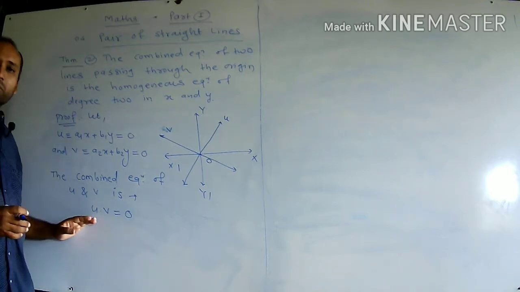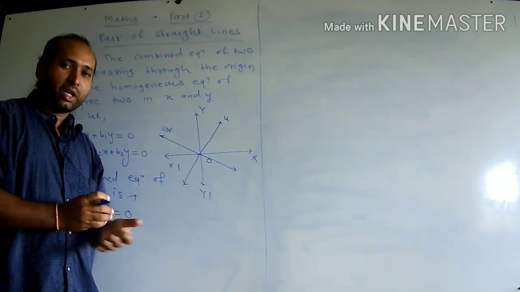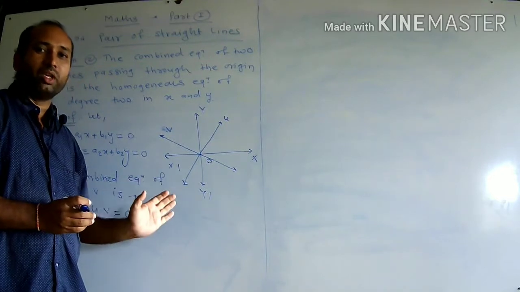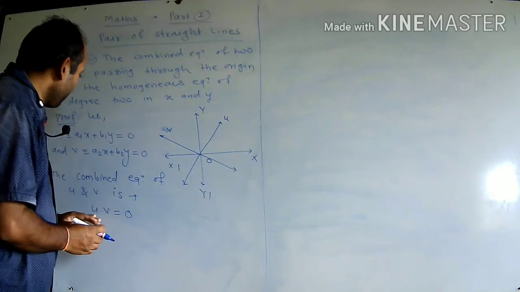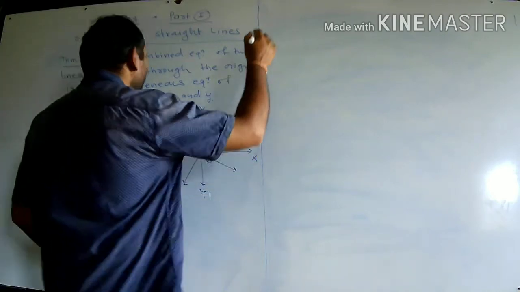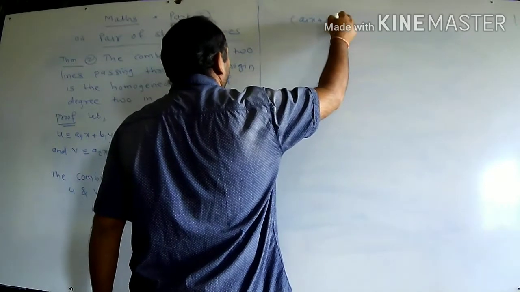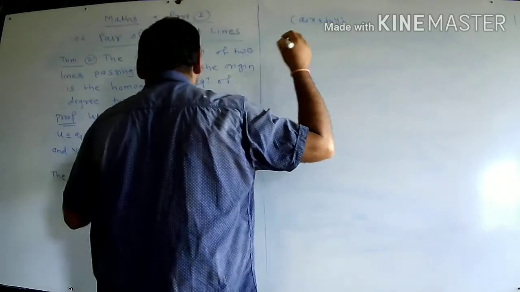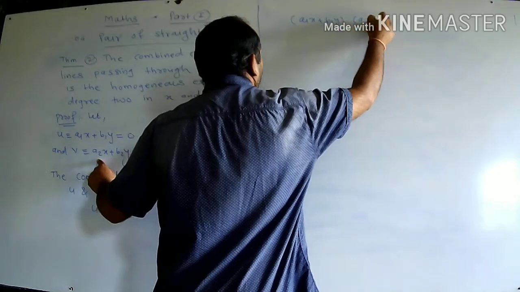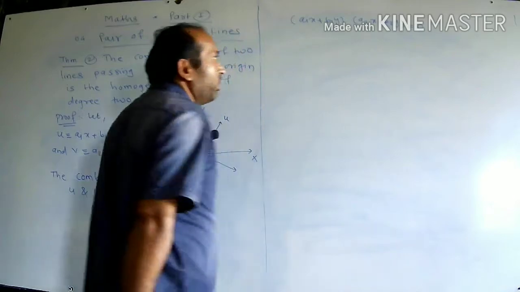If the first line is u equal to 0 and the second line is v equal to 0, then their combined equation is u into v equal to 0. So put here the values of u and v and take the product. So we have a1x plus b1y multiplied by the value of v, which is a2x plus b2y, equal to 0.